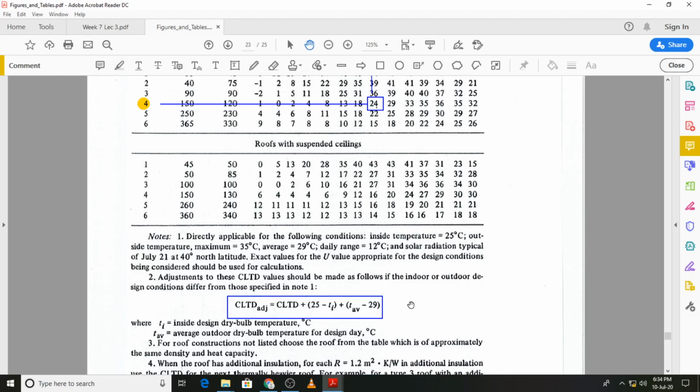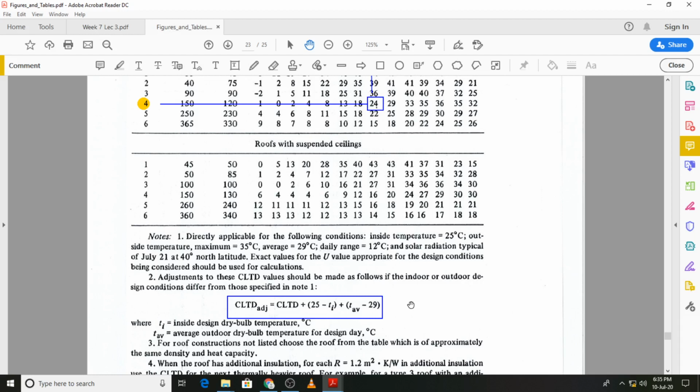TI is the indoor design temperature, which is given to us as 24 degrees C, and the temperature TAV is the average outside dry bulb temperature, which is given to us as 29.5 degrees C.